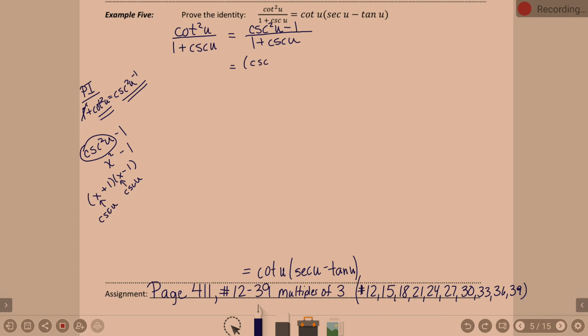2 parentheses. Cosecant squared u breaks into cosecant u times cosecant u. Square root of 1 is 1. Multiplying by negative 1 is plus and minus. All over 1 plus cosecant u.